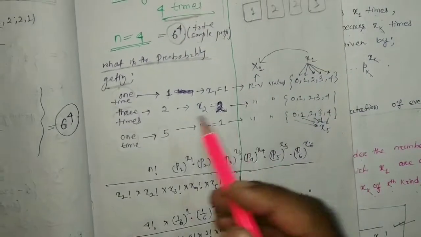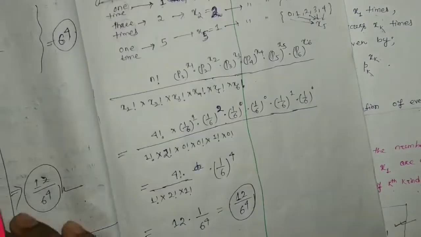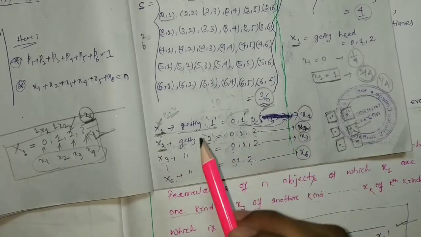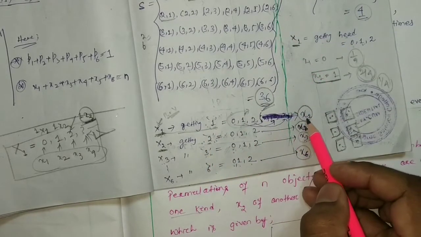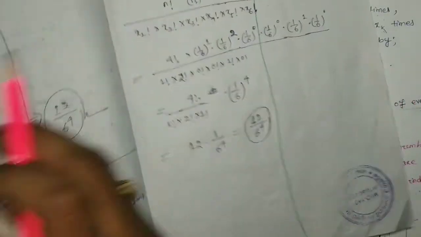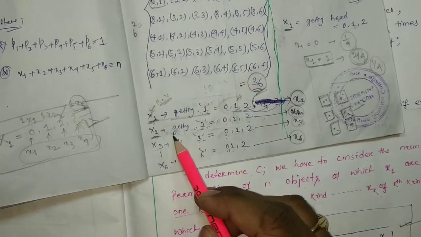Okay, so here you can see, as we discussed, that capital X1 represents getting 1. In this question, small x1 will be how much? Small x1 will be 1 time, means 1. Capital X2 represents the random variable belonging to getting 2.